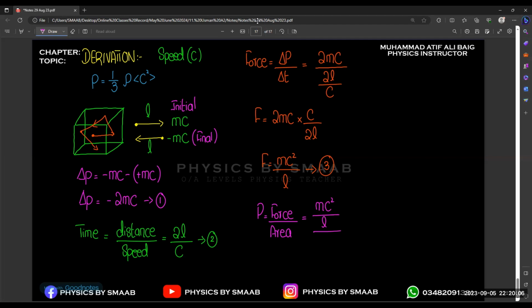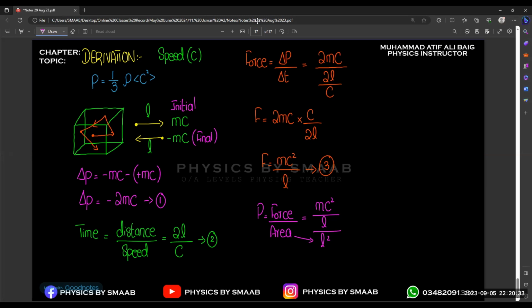And if we want to write the value for area, what do you think will be the value of area? In area, we need to choose two lengths, right? Square of the length, like meter square, centimeter square. So the area will be equal to length square. Okay, clear? Yes. Square of the length.